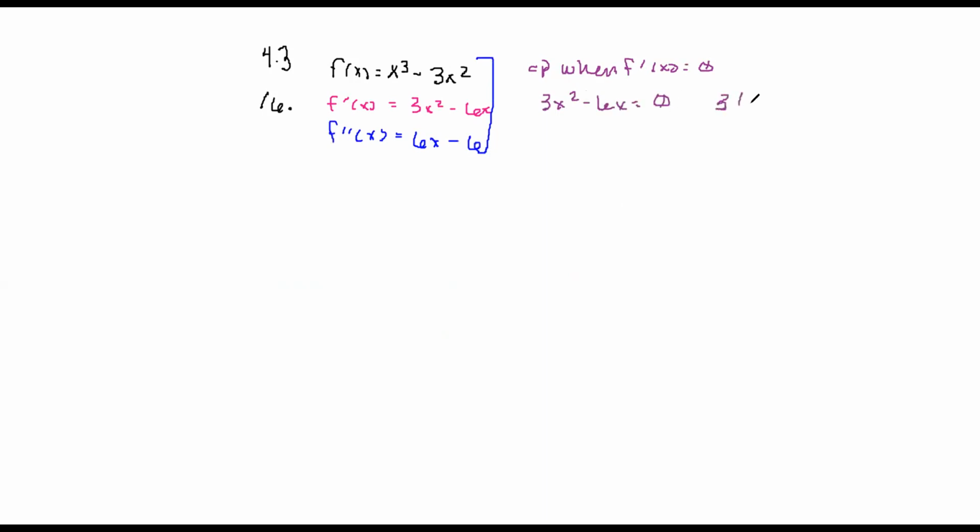I can factor out a 3x, so this is 3x times (x minus 2) is equal to 0. So x is equal to 0, or x is equal to 2. And you see how I get that? Okay. So these are my critical points.